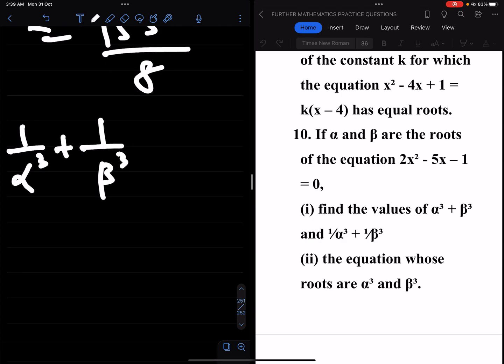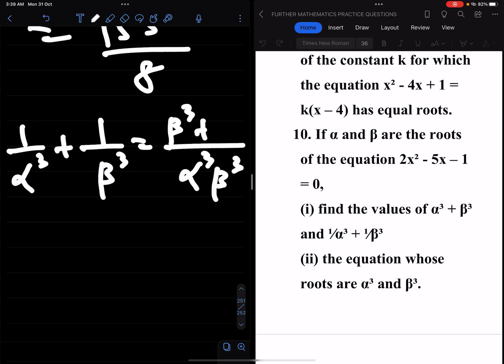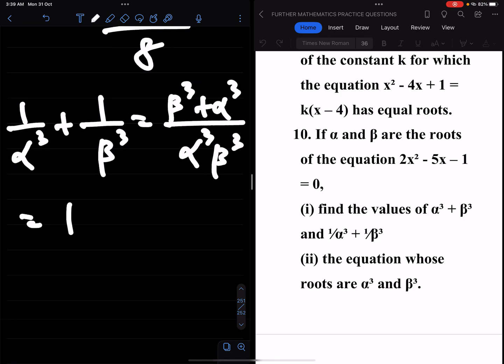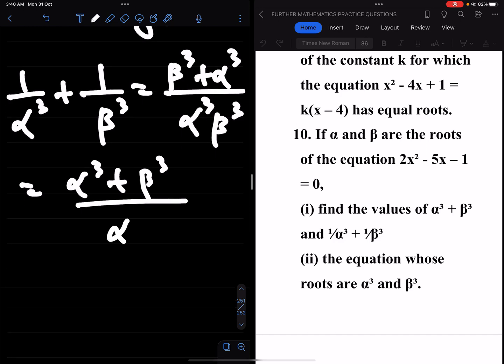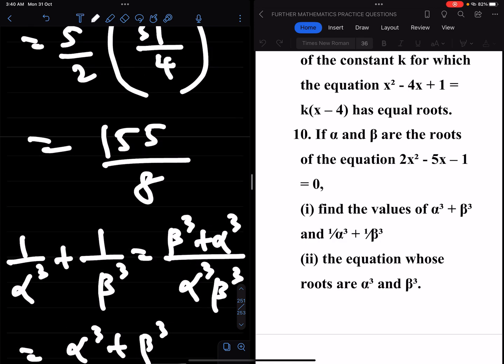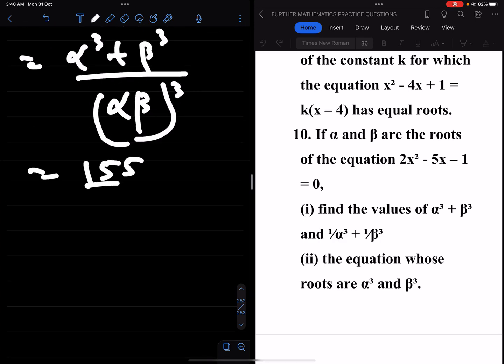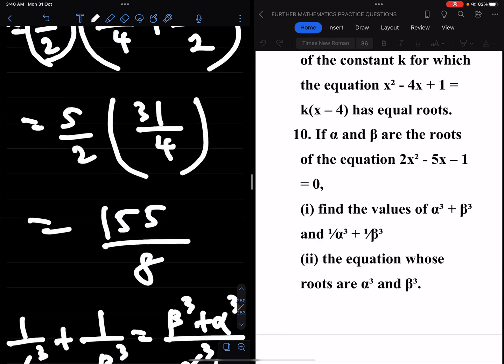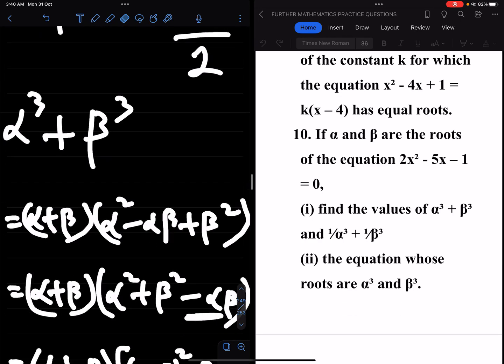And this is going to be equal to, the LCM is alpha cubed beta cubed, beta cubed plus alpha cubed, which is alpha cubed plus beta cubed over alpha cubed beta cubed, which is the cube of alpha beta. We already found that alpha cubed plus beta cubed is 155 over 8, divided by the cube of alpha beta, where alpha beta is minus 1 over 2.